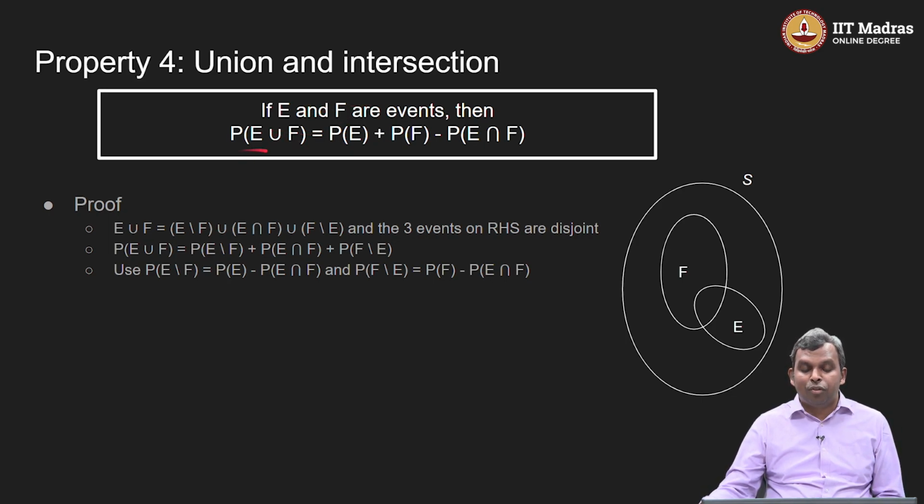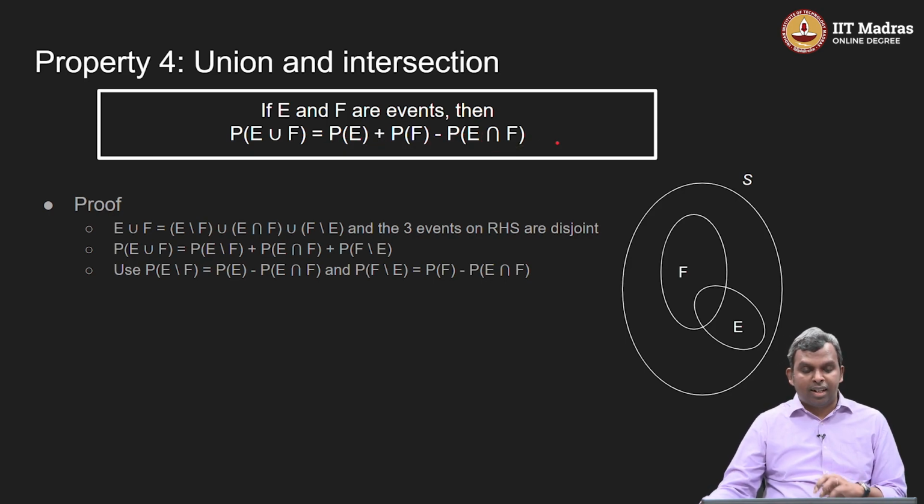If E and F are disjoint, the probability of E intersect F is 0, because E intersect F is a null space. So you get the original axiom 2. This is a generalization of axiom 2: if E and F are general events, then P of E union F is P of E plus P of F minus P of E intersect F.